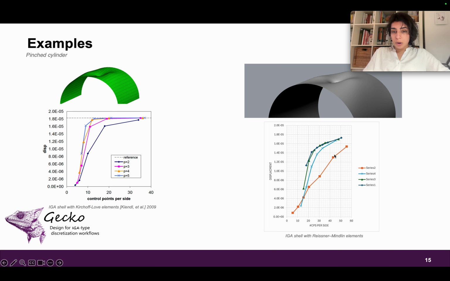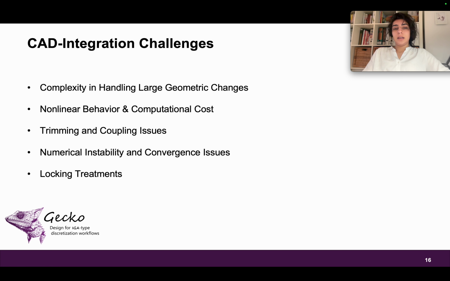This requires some treatment, which is part of my upcoming directions. Other directions include nonlinear behavior, whether coming from material or geometry, and then trimming and coupling issues, and we'll see how that goes.